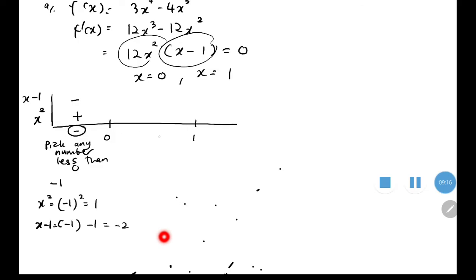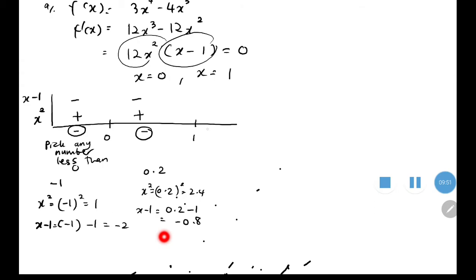Now in between 0 and 1, I want to pick the value 0.2. So 0.2 squared is positive, and 0.2 minus 1 is minus 0.8. So this one is positive and this one is negative. Again, positive times negative, you will get negative.